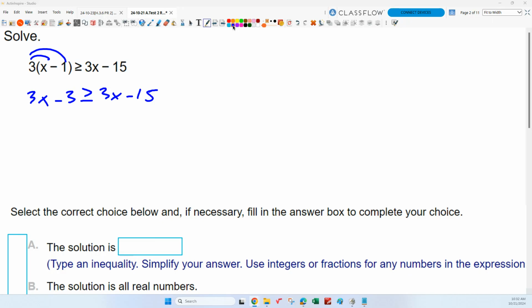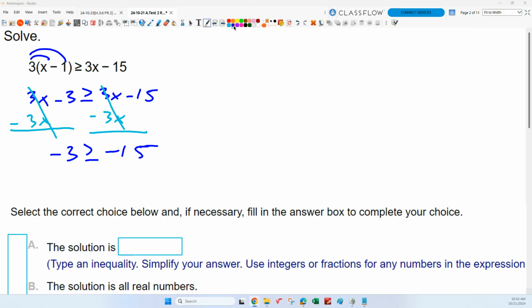Okay, yeah, so what would you do with the x's? Subtract 3x, right? No matter which side you try to push the x's, they're going to disappear from both sides. So we subtract 3x from both sides, and that's when something weird happens. We end up with -3 is greater than or equal to -15.